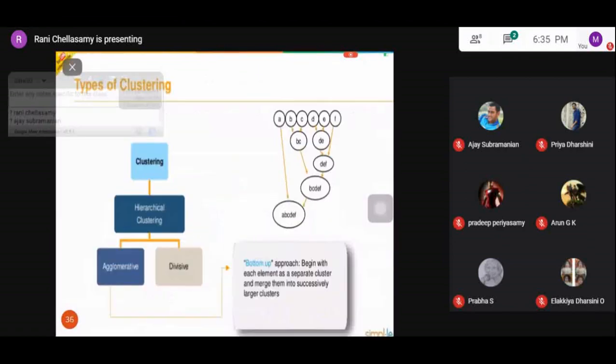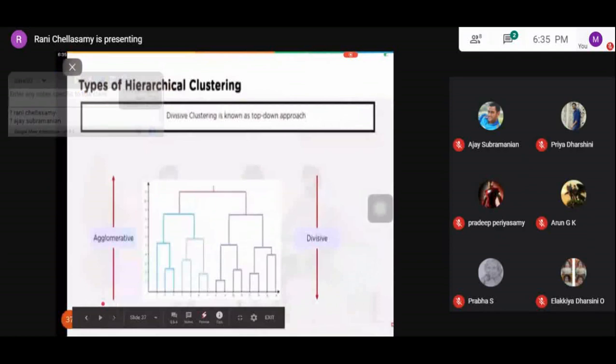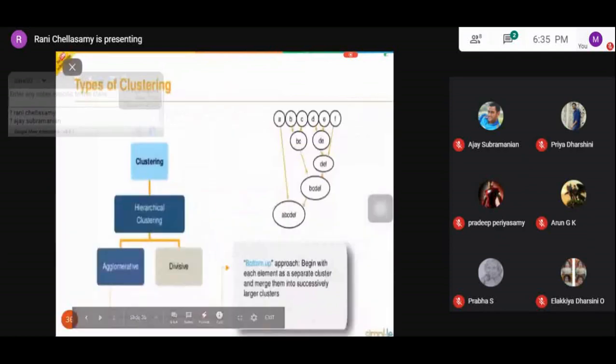See here, agglomerative follows the bottom-up approach. It begins with the individual elements. A, B, C, D, E, F are the elements, and each forms a separate cluster. Each data point is considered as one cluster. Then you combine two data points to form a cluster, and go on merging the clusters successively.